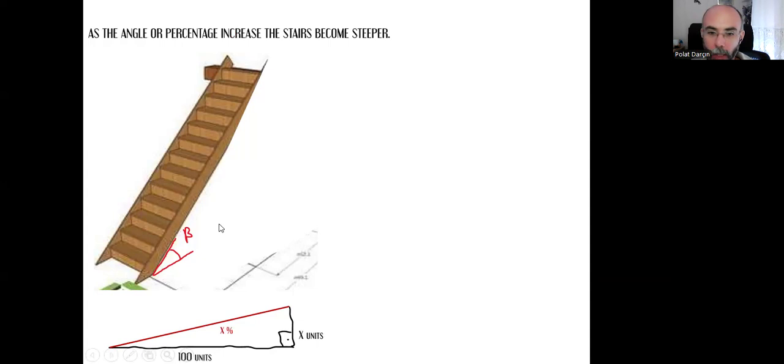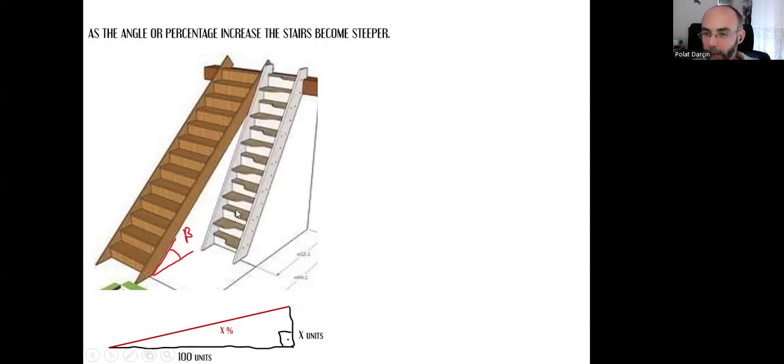As the angle or percentage increases, the stairs become steeper. We can easily say that the alpha angle is bigger than beta, and it creates steeper stairs.